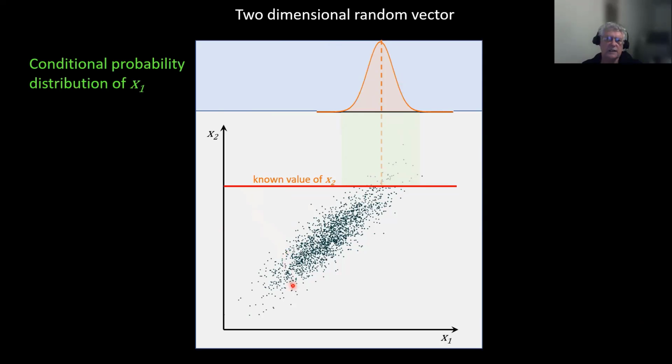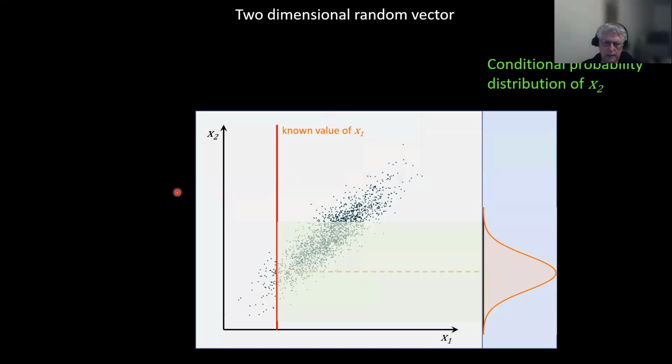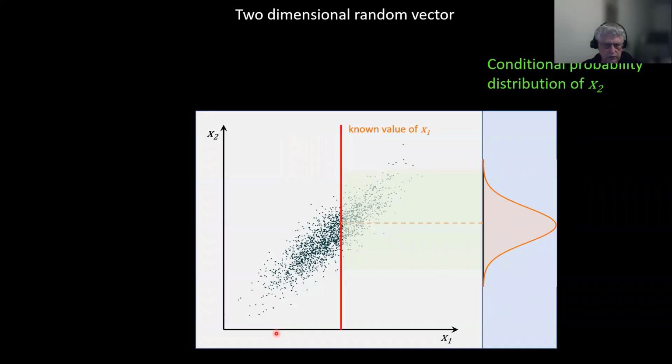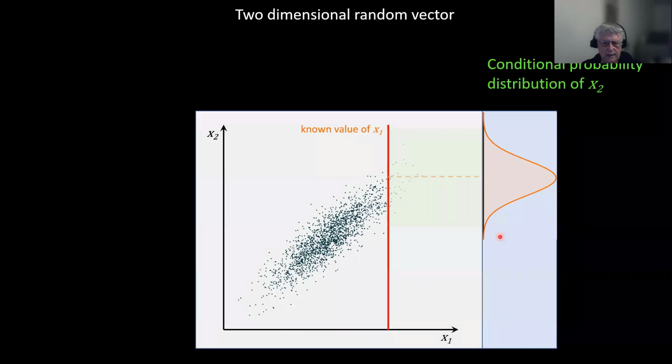Therefore, I can condition x1 by knowing x2. And conditioning means I know something about x1 by knowing the value of x2. Similarly, by knowing the value of x1, I can obtain a conditional probability distribution of x2. The mean varies depending on x1. Because it's a Gaussian probability distribution, the standard deviation doesn't.